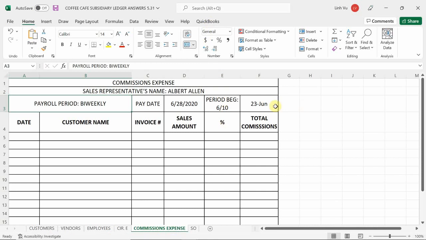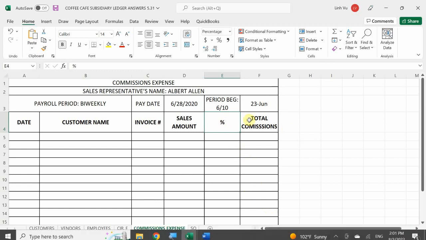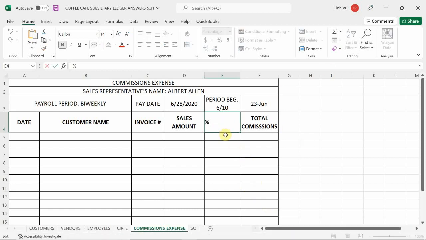As you can see, the pay date is going to be the 28th. The payroll period begins on the 6th and ends on the 23rd. How much percent is he getting for the commissions? 40%. So we'll be calculating alongside him.